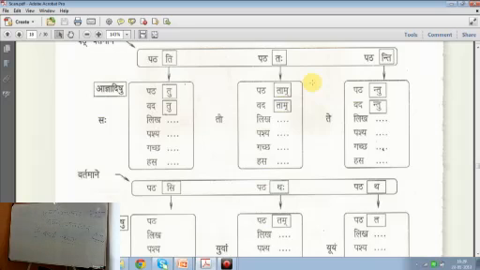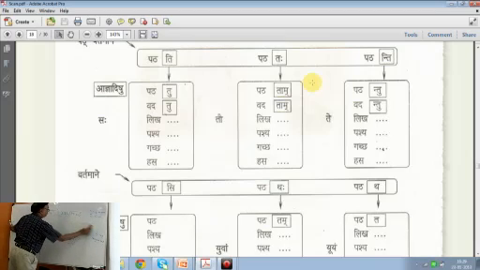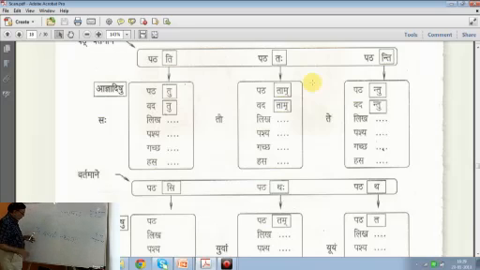If we convert the same sentence into singular, saha balakaha patatu. This is singular, third person singular. This is third person dual. Now we will also see third person plural next.